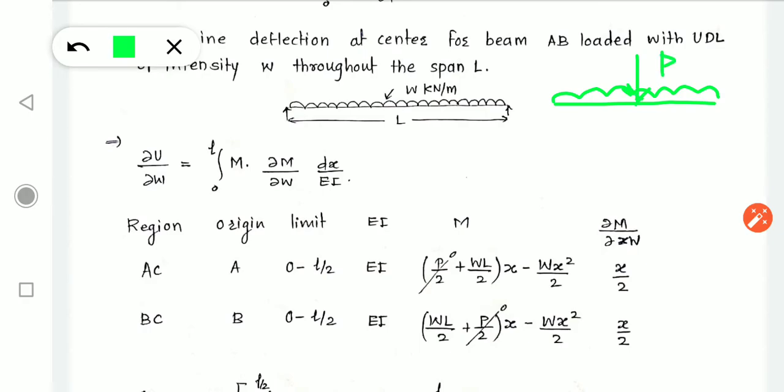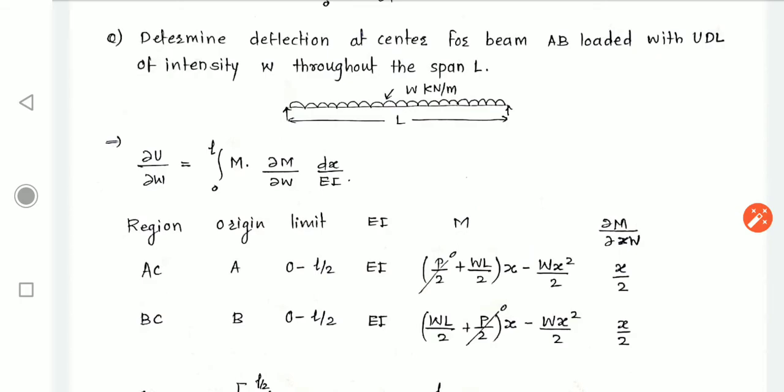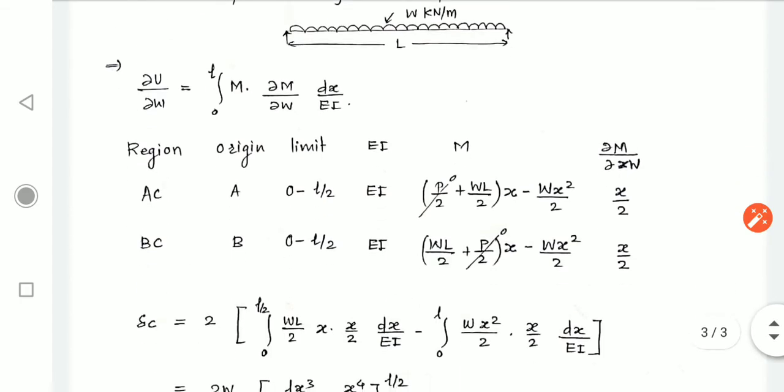What will be the reaction at this end and this end? Again, by symmetry you can say that it is WL/2 plus P/2 at one end, and WL/2 plus P/2 at the second end. That will be the reactions at the A and B ends.